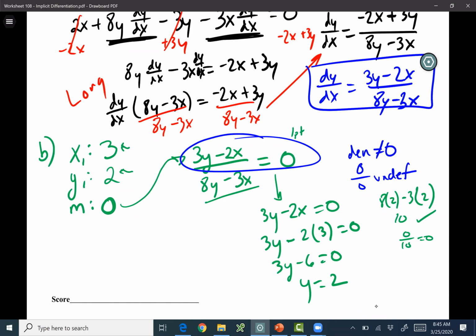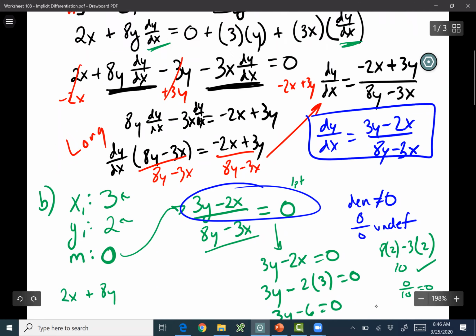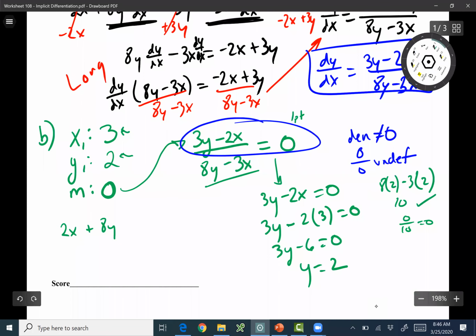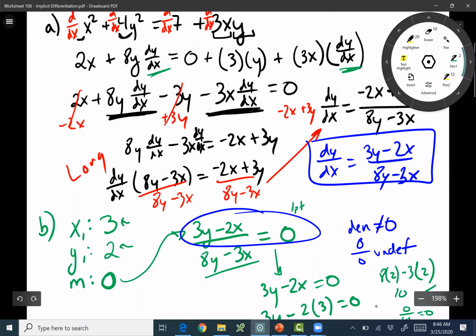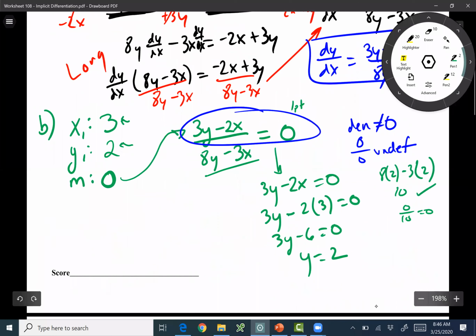But the third point is that we would plug these into the original, which was 2x plus 8y. No, sorry, that was the slope. The original was x squared plus 4y squared equals 7 plus 3xy.